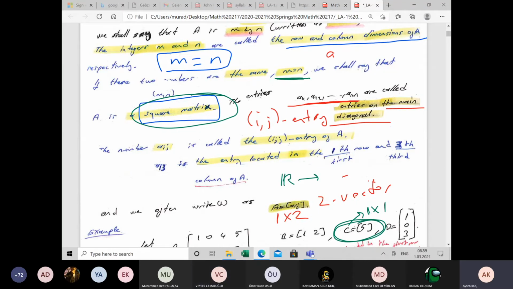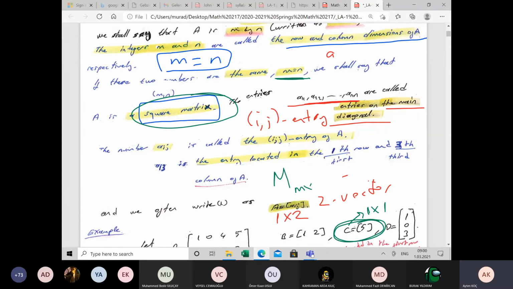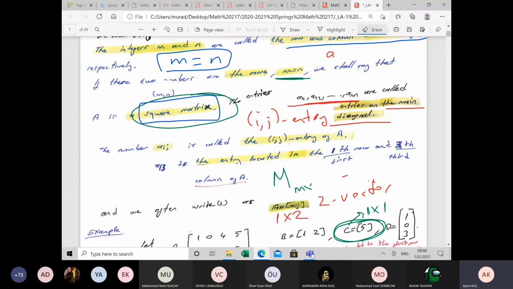Yes. Take the matrices, denoted by capital M. For example, take the n by n matrices, square matrices, where each entry is a real number. This one is a set containing all matrices of dimension n by n.